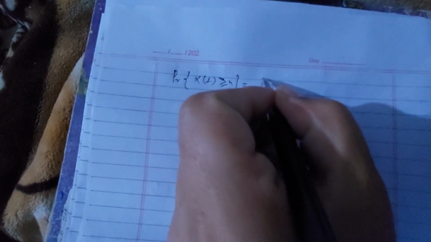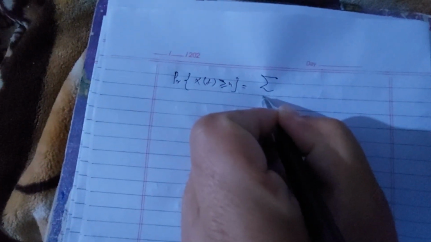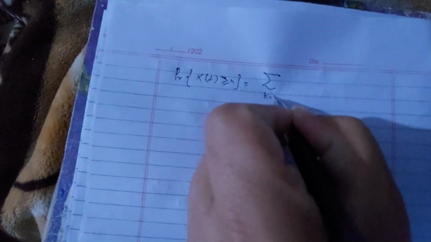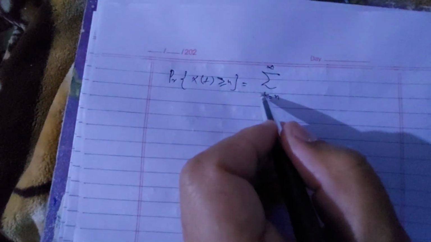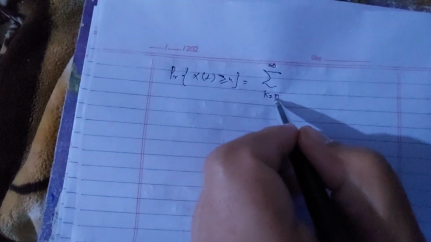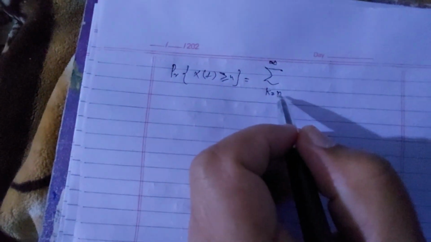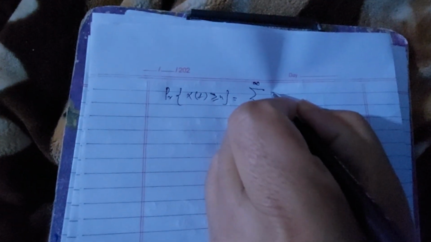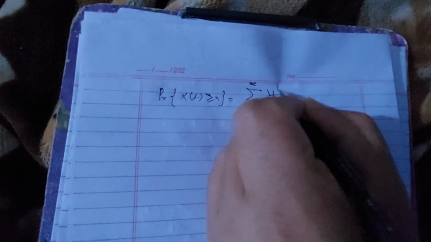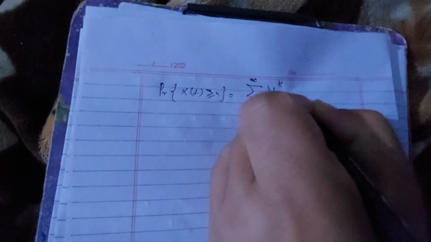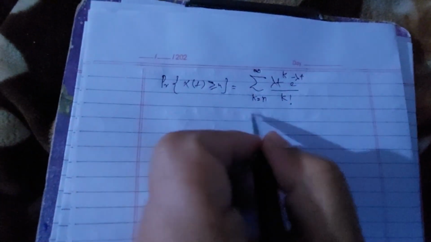It is equal to the summation of k from n up to infinity, because we are sure that we have n events or more than n events, so we make the summation from n to infinity of (lambda t)^k e^(-lambda t) divided by k factorial.